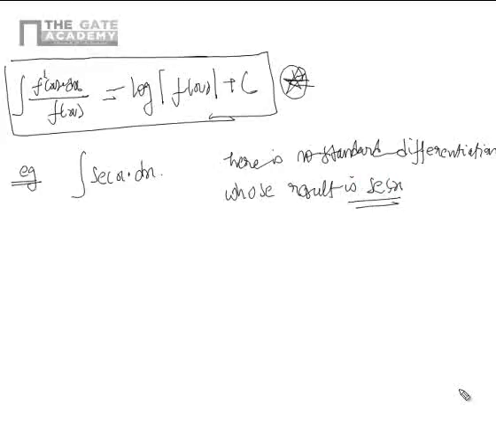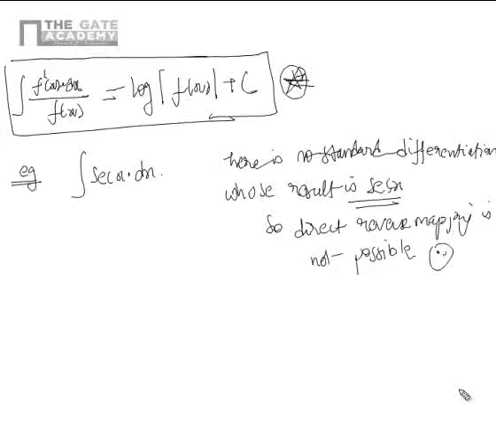Correct? So direct reverse mapping is not possible. But we can find a way out. What is the way out? Yes, we are going to do some simplification here.